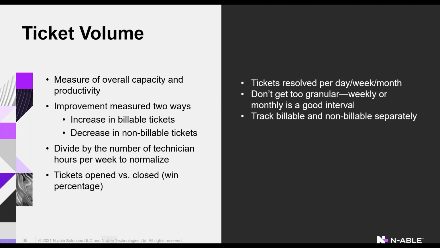How many tickets came in? How many did we complete? Right? What was our win percentage, if you will? And we're looking for two things in regards to operational efficiency here: an increase in billable tickets or projects, and a decrease in non-billable items.